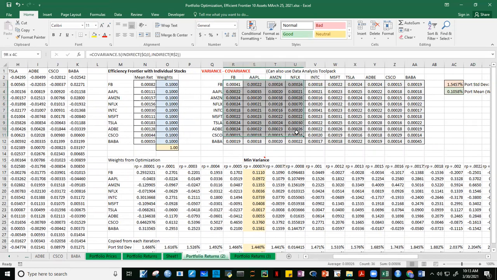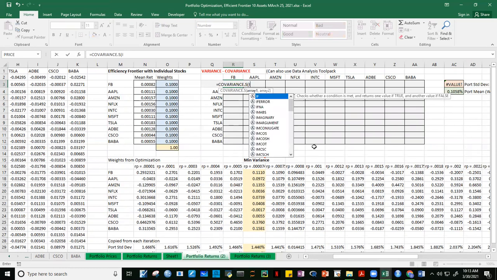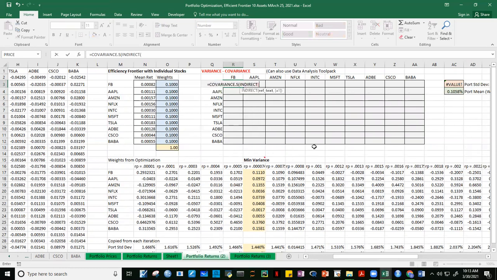Naalala mo to, Luisa? Yes, sir. Ito, di ba, covariance. At S kasi covariance nino. I-prepare natin, no? So, indirect natin, indirect, covariance ni Facebook.